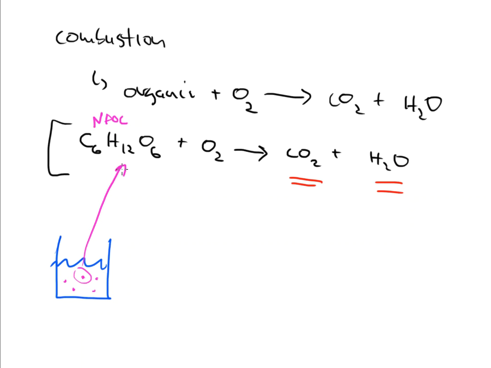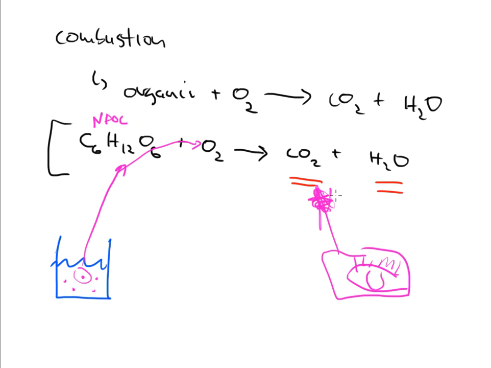And we just simply have to mix it with some O2. And if we have an eyeball over here that is designed to only look for CO2 and that is it, then my machine will be able to tell me how much non-purgeable organic carbon there is in the sample based on the amount of CO2 that it sees in the sample.